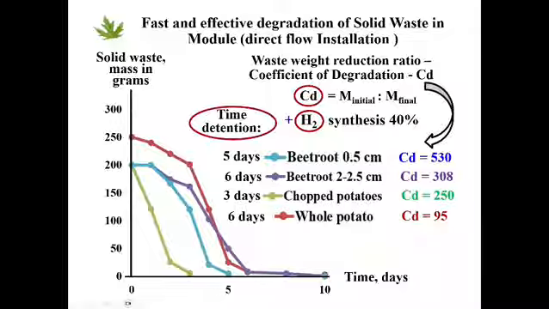And the next effective result: in modern biogas technology, the coefficient of degradation, that means the ratio of initial mass of solid waste to final, is not more than 30 times. In our experiment, the maximal coefficient of degradation is more than 500. And simultaneously with the degradation and fermentation of solid waste, we obtain an ecologically pure energy source, such as molecular hydrogen, close to 40%.